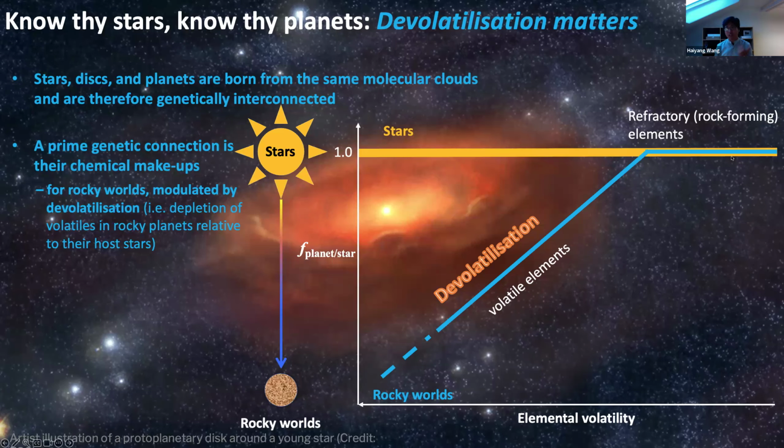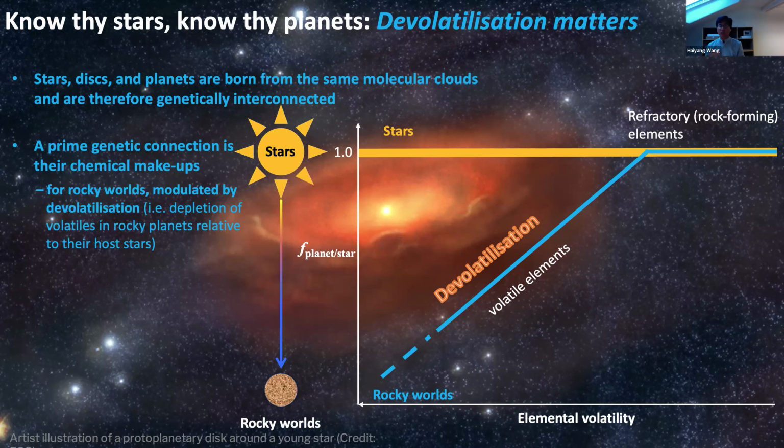This schematic diagram shows that refractory elements, also called rock-forming elements, are identical between the rocky planet and the protosun if you do the proper normalization. Elements with higher volatility, like carbon, oxygen, sulfur, and phosphorus, show a systematic depletion in rocky planets relative to the star.